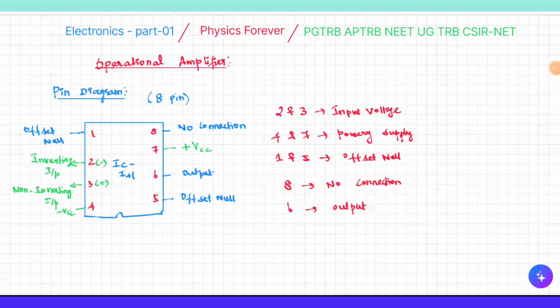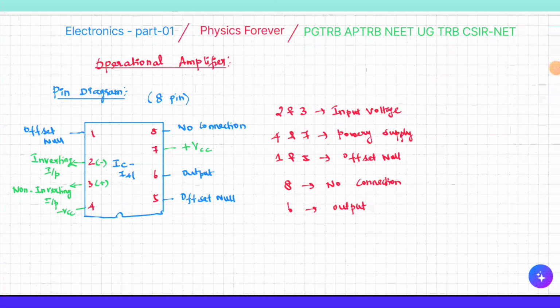So 4 and 7 are the power supplies. Then 1 and 5 are offset null. Because if both the input terminals are at the same voltage, we should get zero output, but some output voltage we get. At that time we have to use offset null to make it null.